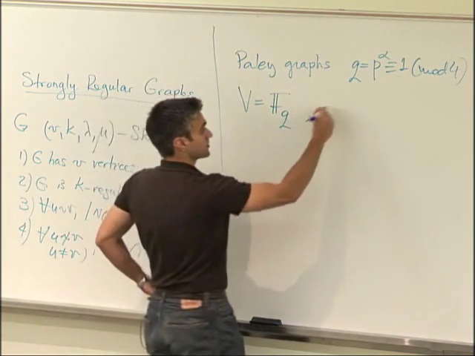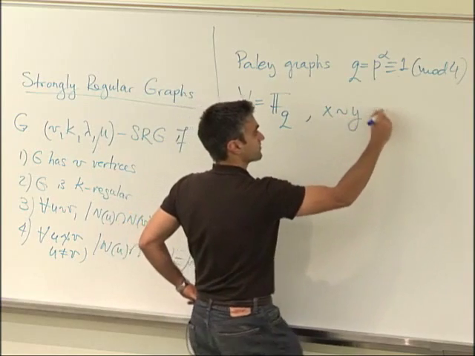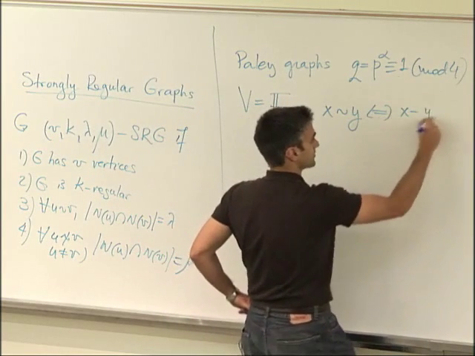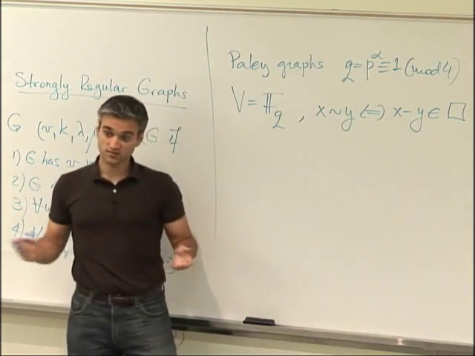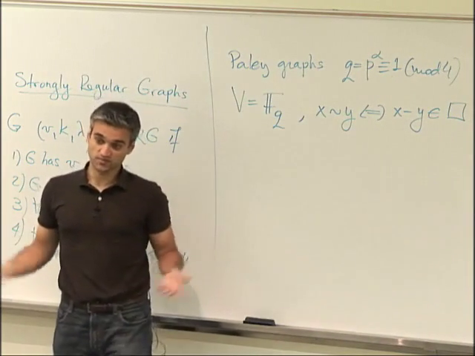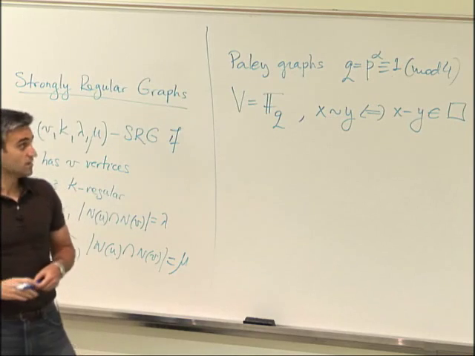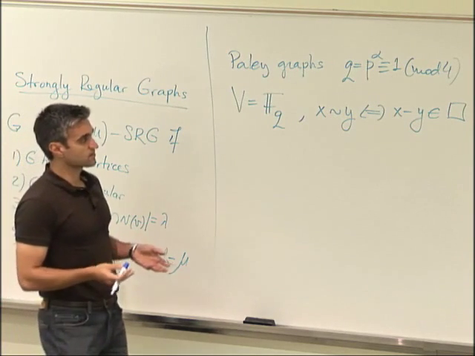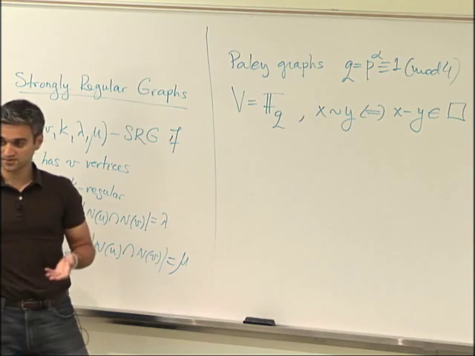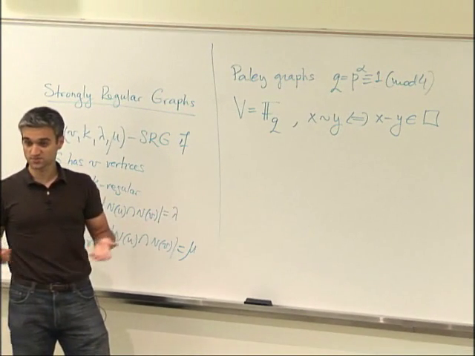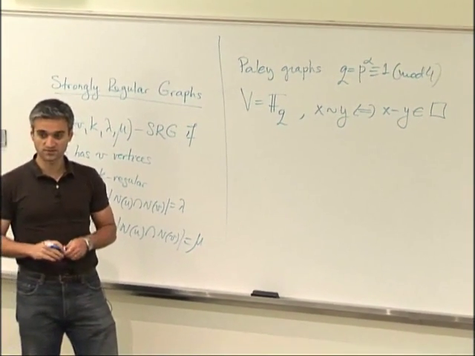And you make x adjacent to y if and only if x minus y is a square, if and only if x minus y can be written as a squared for some a in the field. So in other words, the Paley graphs are the Cayley graphs with respect to the set of generators which is the set of squares, if you know anything about Cayley graphs.